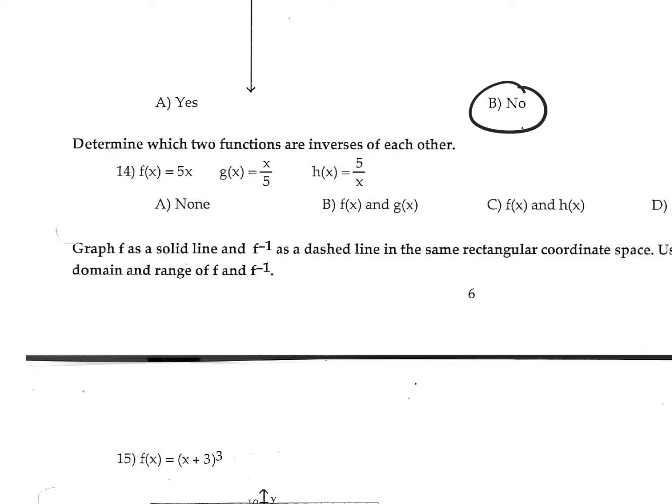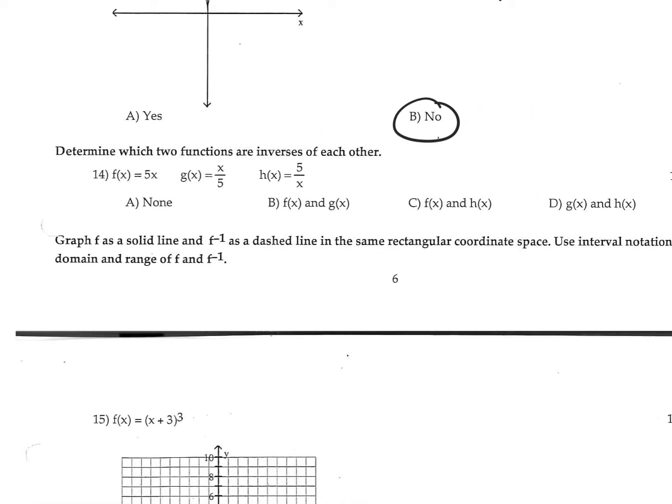Which two functions undo one another? Well, my three functions are x times 5, x divided by 5, and 5 divided by x. We know that multiplication and division undo one another. So f of x and g of x are inverses.